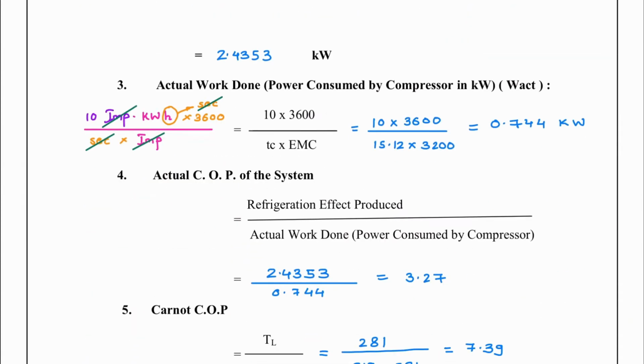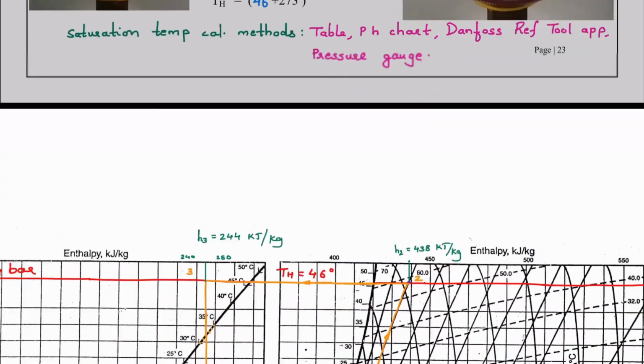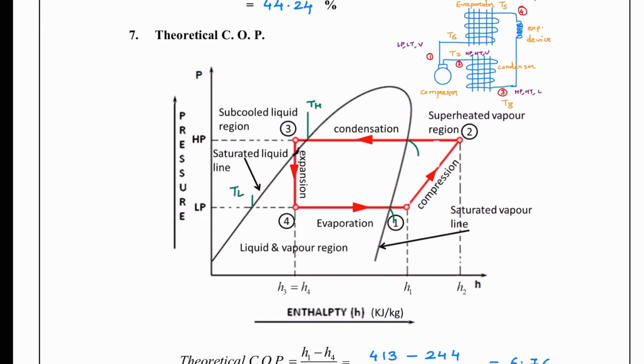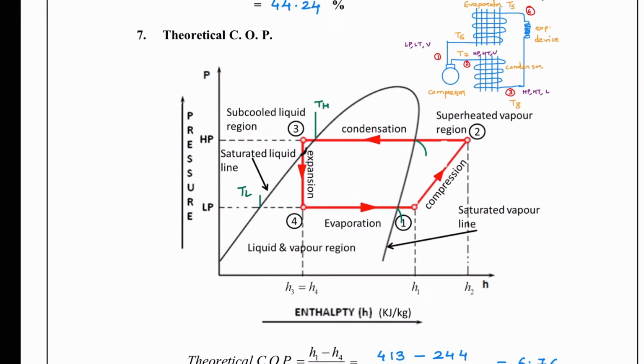Now we'll see how to plot the pH diagram. For the theoretical cycle, to draw the pH diagram we have T high temperature, which we get from higher pressure or HP, and T low temperature, which is the saturation temperature we get from LP, low pressure.